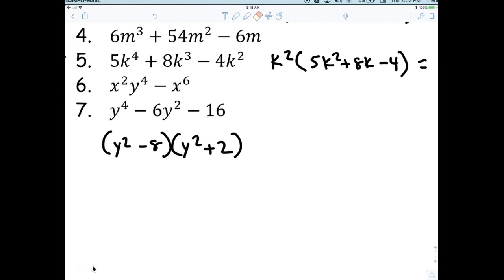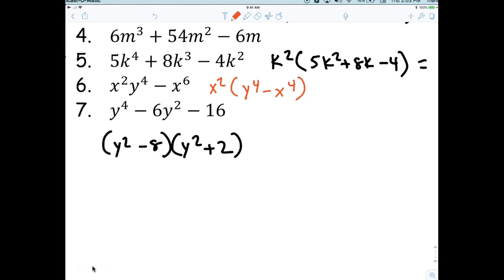So factoring out the GCF, there's a common x squared. The first thing is it's x squared, open parentheses, y to the 4th minus x to the 4th. Everybody see that?